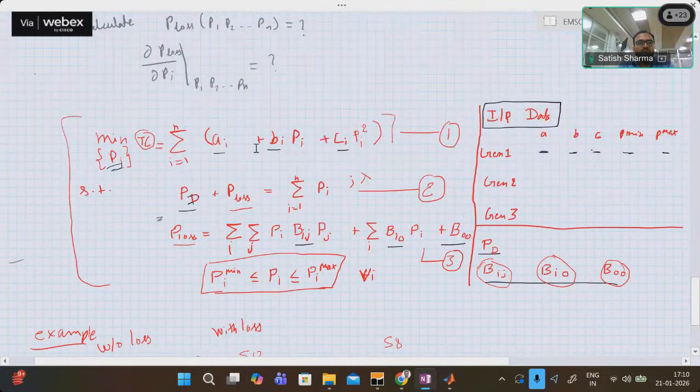If you look at this particular problem, anybody tell me, how do you know whether the problem is a linear programming problem, or a quadratic programming problem, or a non-linear programming problem? What is the way, or how do we define those?